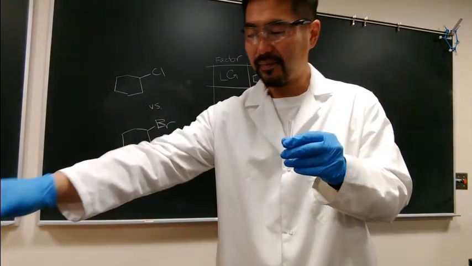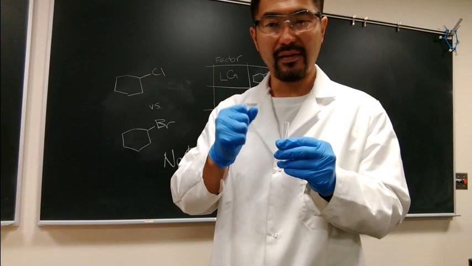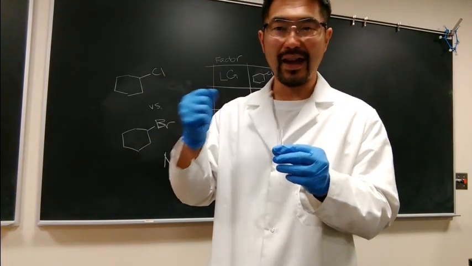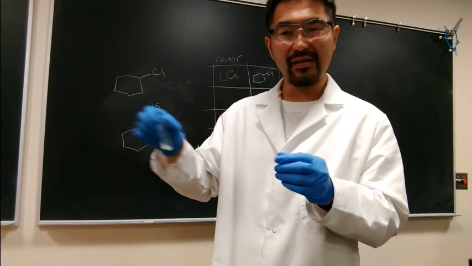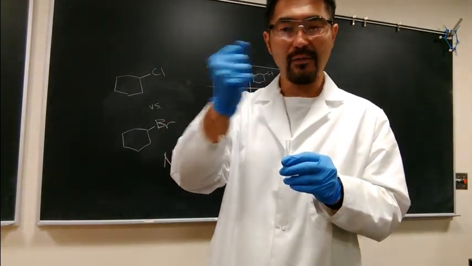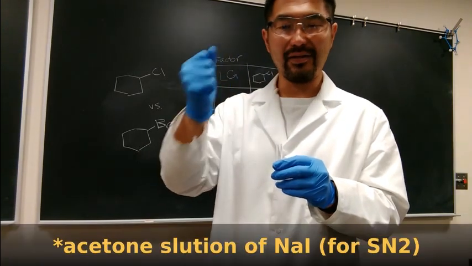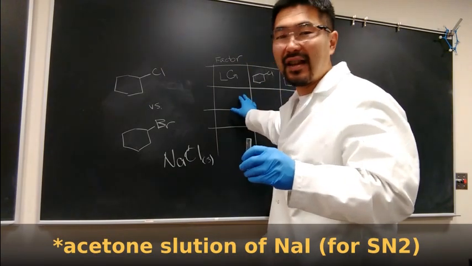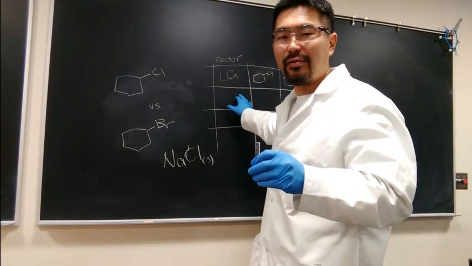And then go ahead and take 3 drops of, for the case of SN2 reaction, the organic substrate into each test tube, and then pipette in 1 milliliter of acetone into each test tube, and then once again have a table of data ready to go.